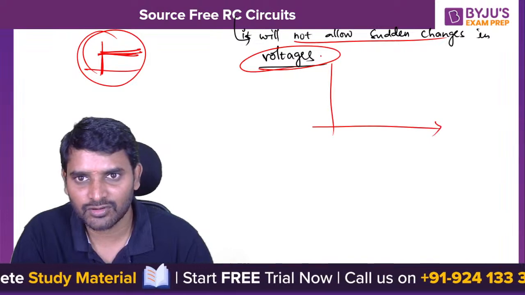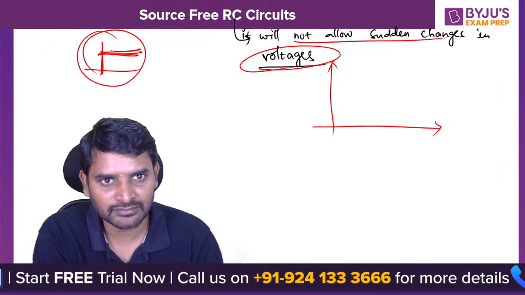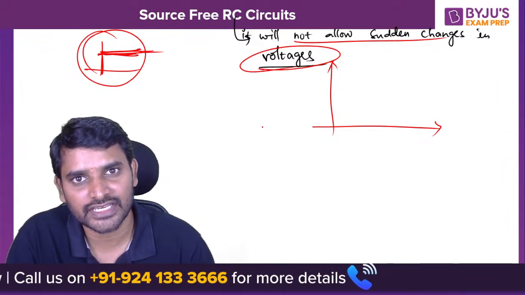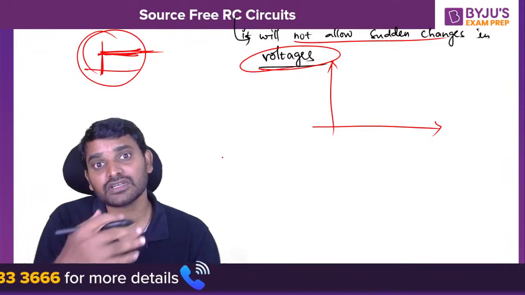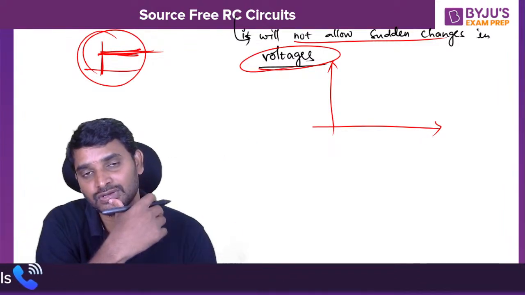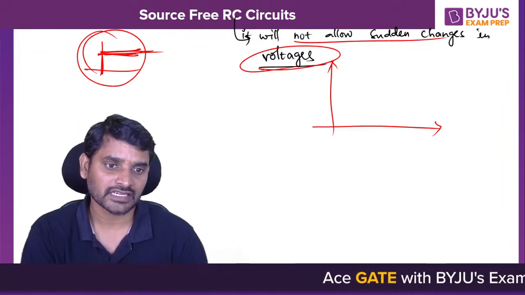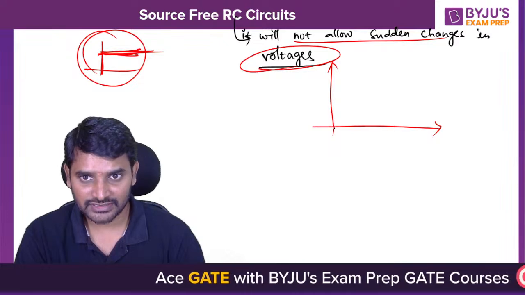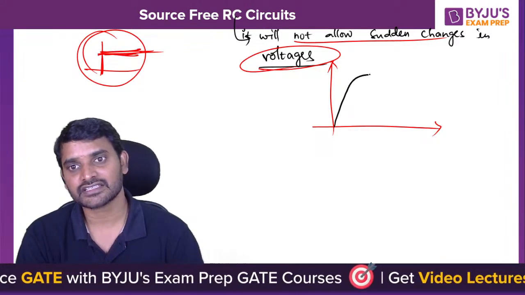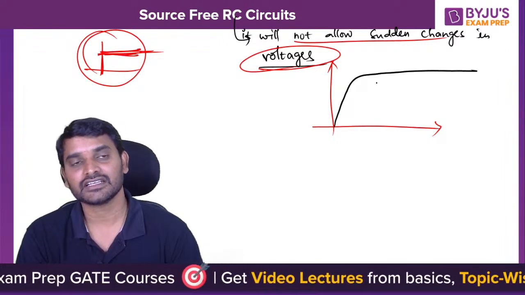So the voltage waveform is not going to become like the source voltage immediately. To look like the source waveform, it takes some time. That time we generally call the transient duration, or 5 time constants, and then later it looks like the source waveform.